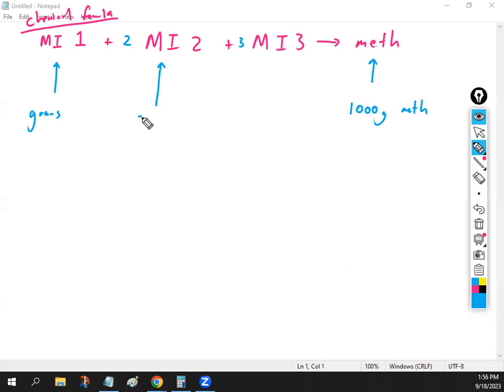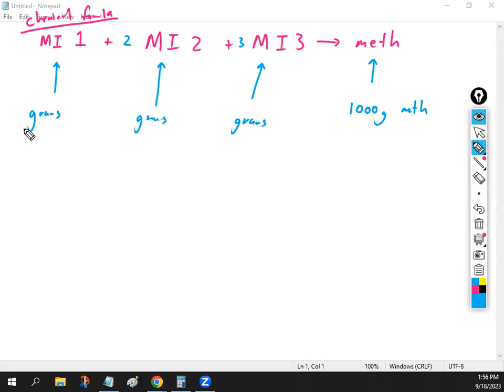How many grams of ingredient number 2 do I need to get from CVS? And how many grams of this do I need to get from Mr. O? I'm just kidding. But that's basically what stoichiometry is. If I want to make 1,000 grams of meth, how many grams of everything do I need in order to make my desired result? So it's basically making a shopping list before you go and cook.